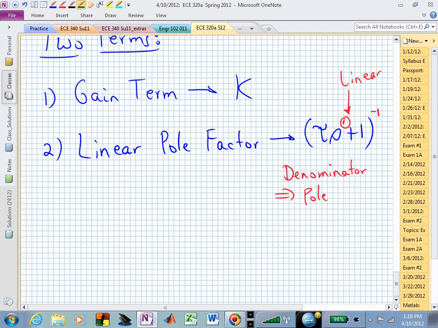That's as simple as it gets. And angles already add and subtract. So we'll look at angles in degrees and magnitudes in dB, and that allows us to sketch each of these terms independently and then add them up at the end to get the overall frequency response, magnitude and phase. Let's look then at the magnitude.